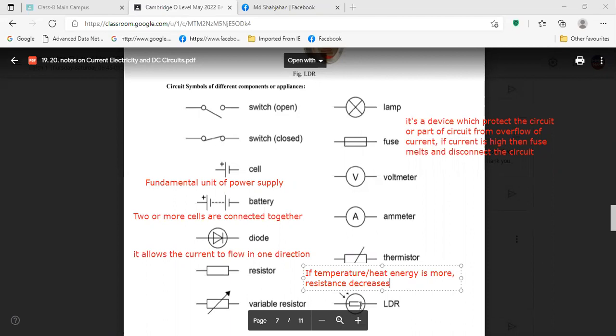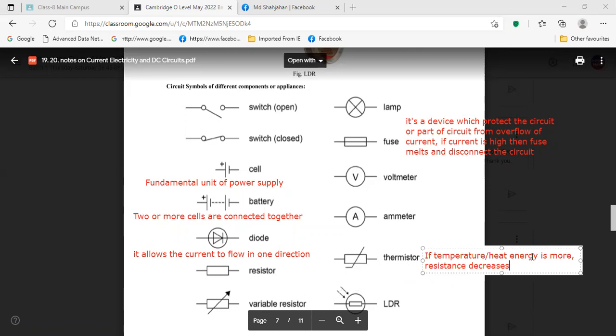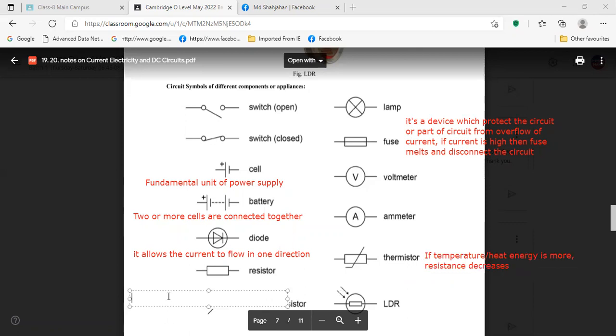Yes, sir. Okay, so a variable resistor, you know, right? What is variable resistor? The resistor whose resistance can be varied. That one is variable resistor. So you write here: variable resistor, resistance can be varied. You write at the bottom part of the symbol, that's better.